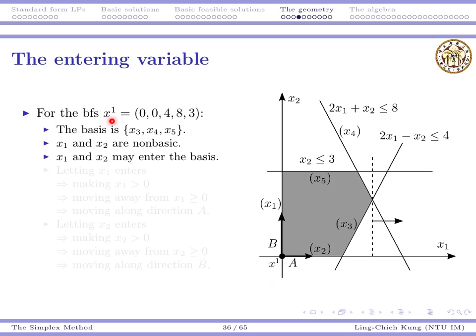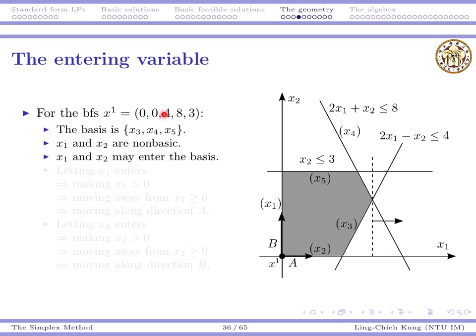I know x1 can be calculated as (0, 0, 4, 8, 3). Why do I know that? I choose x3, x4, and x5 as the basis, and then I solve the 3 by 3 system to get 4, 8, and 3. The 0, 0 are just because they are non-basic.